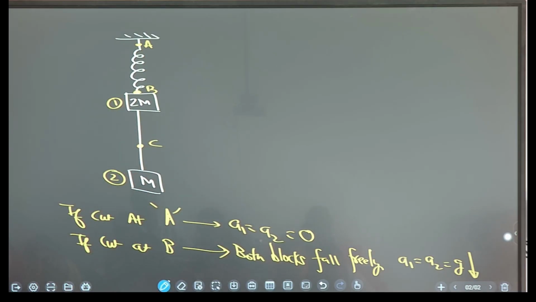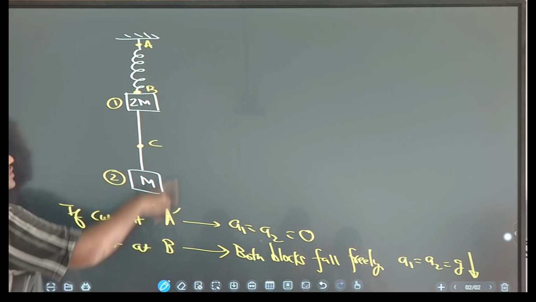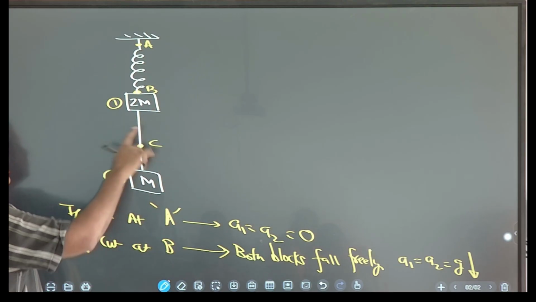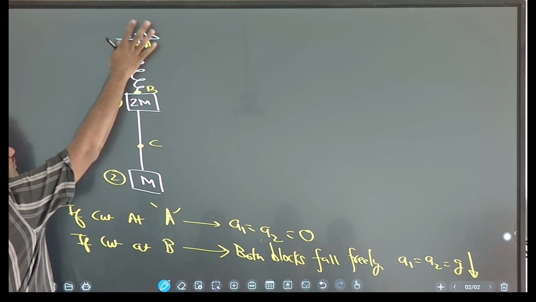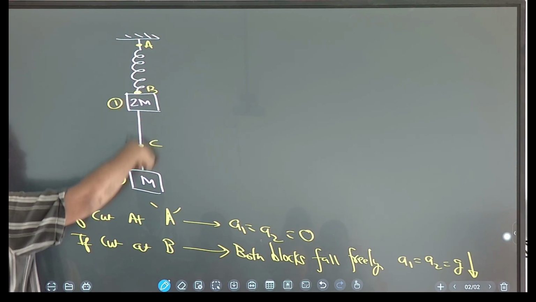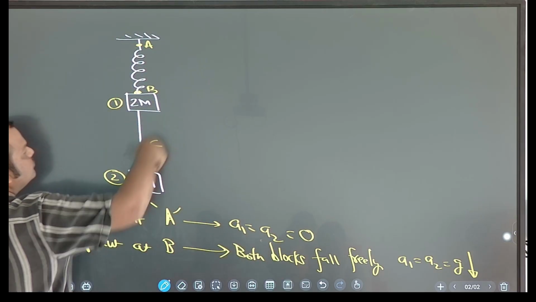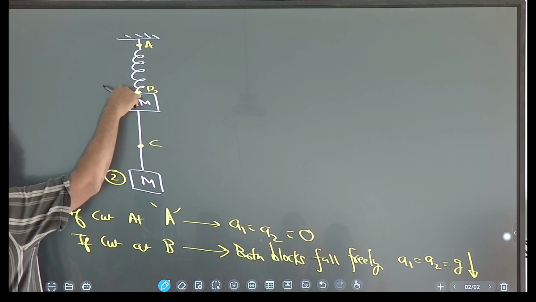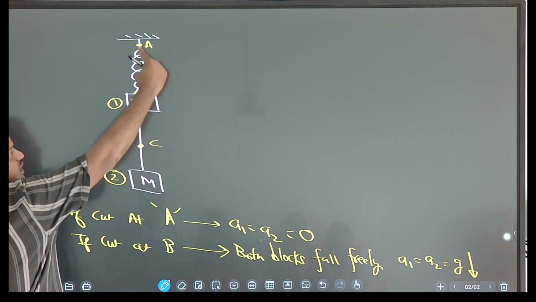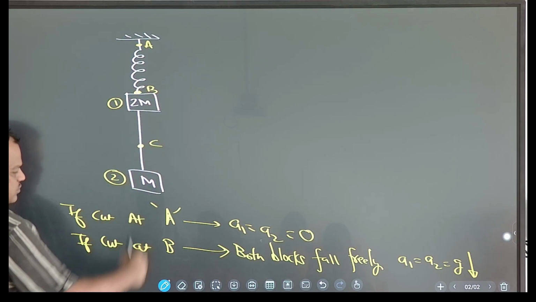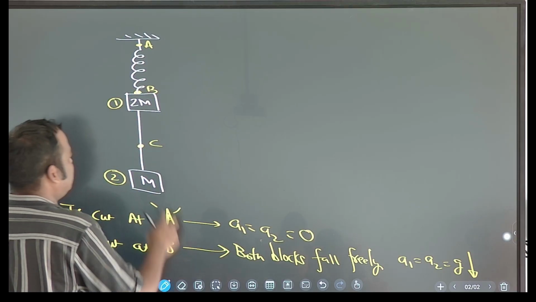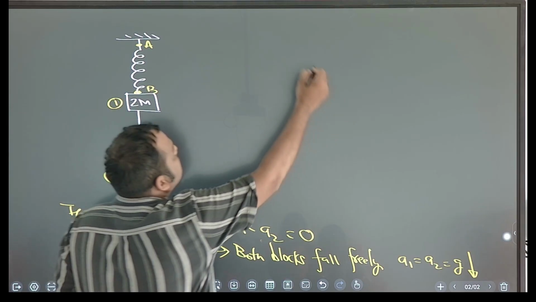So acceleration is minus G, downward. Okay, clear? If you cut at A, nothing will happen. Acceleration 0, both. If you cut at B, spring detaches, both blocks fall freely. Now what if you cut at C? Tell me.